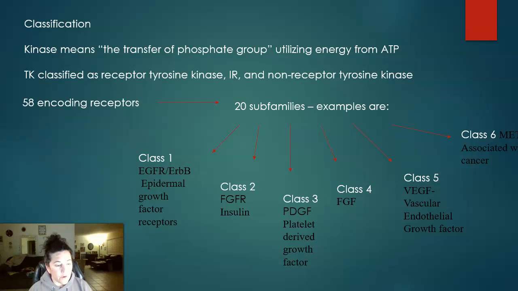The IR, or insulin receptor family, consisting of IR, the insulin-like growth factor 1 receptor, or IGF-IR, and the insulin receptor-related receptor, IRR, is also expressed as a single subunit, but it undergoes processing to form two, alpha and beta.